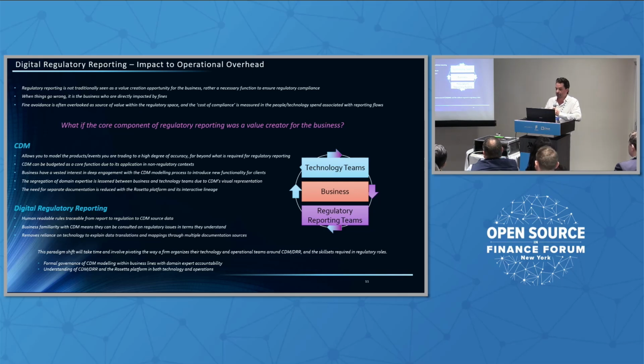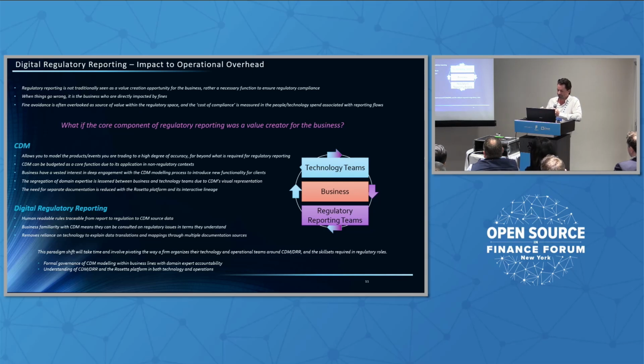But here, the very technology that they're interested in implementing is exactly the solution that will end up being the regulatory reporting that goes out the door. So we can talk to the business in CDM terms from a regulatory perspective, and they will understand the questions, if that makes sense.